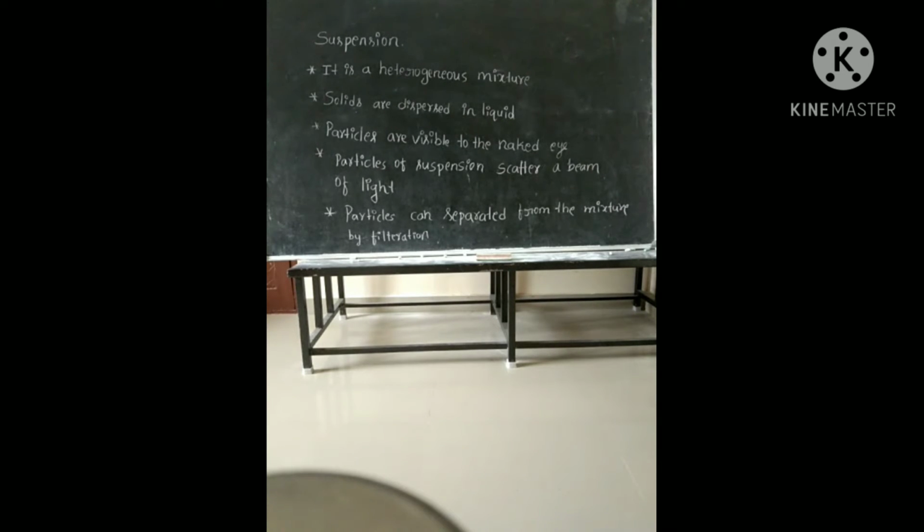The third point is that particles of the suspension scatter a beam of light. You have studied that in a solution, particles do not scatter a beam of light, but here the particles scatter a beam of light.